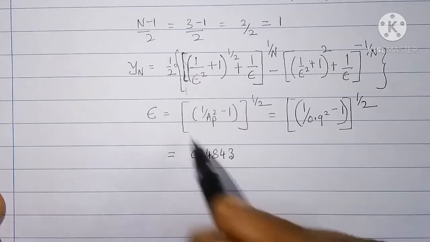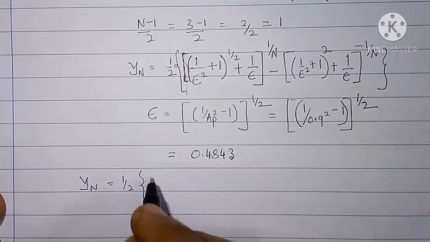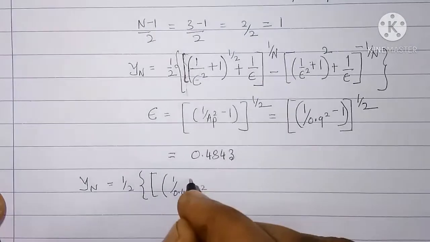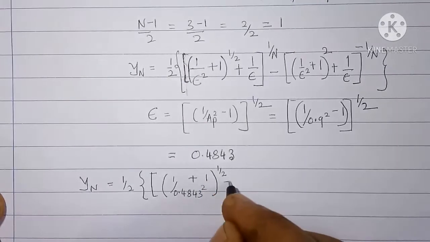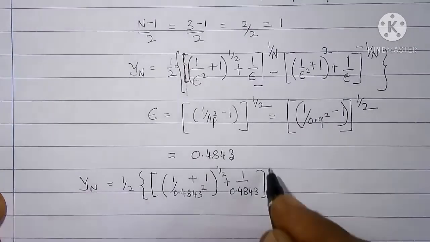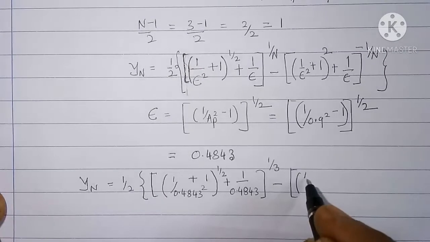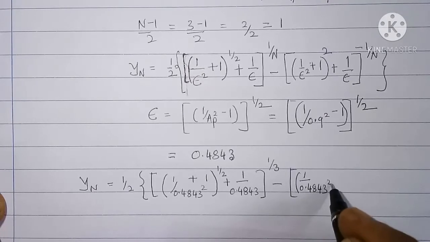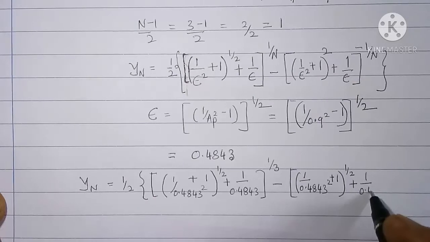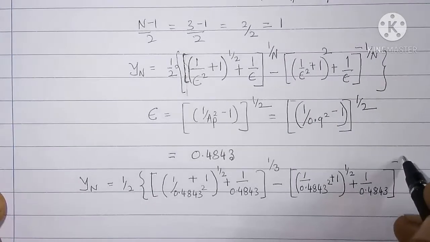Using epsilon value equal to 0.4843, now we have to calculate yn. So yn is equal to half into {[(1 upon 0.4843 square plus 1) raised to half plus 1 upon 0.4843] raised to 1 upon 3 minus [(1 upon 0.4843 whole square plus 1) raised to half plus 1 upon 0.4843] raised to minus 1 by 3}.